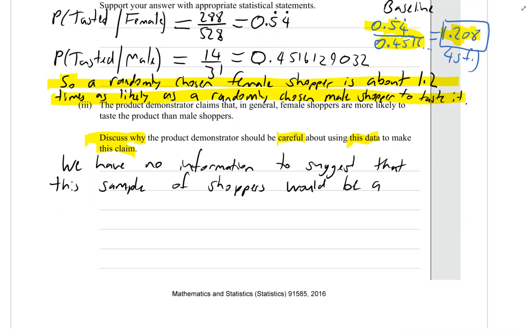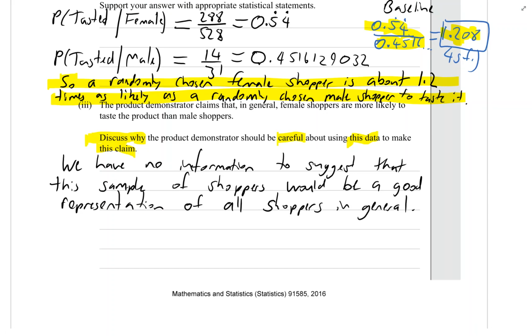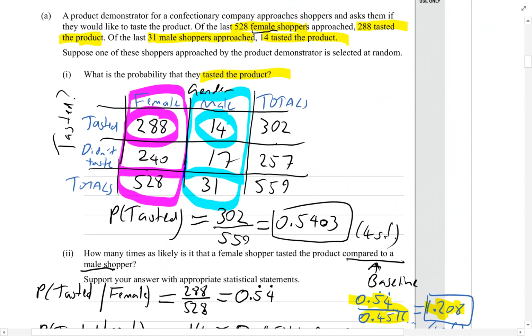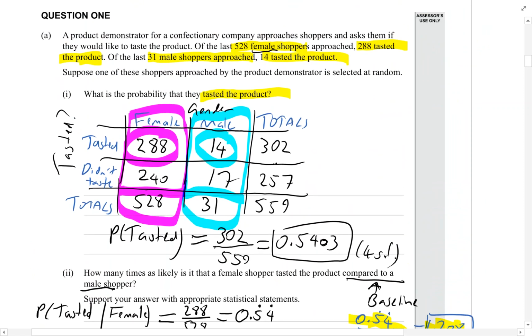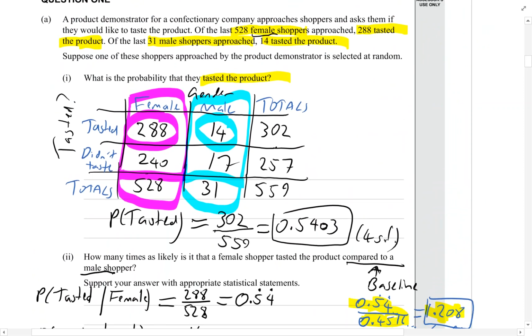We have no information to suggest that this sample of shoppers would be a good representation of all shoppers in general. It simply says they were the last 500, well, basically suggests the last 559 approached.